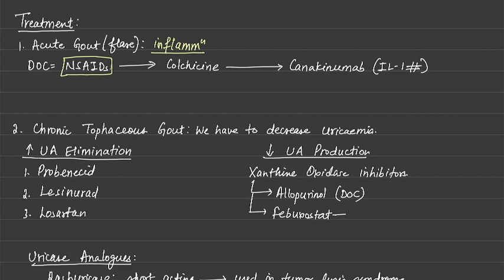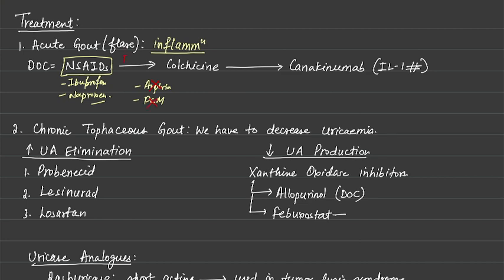Highly active NSAIDs like ibuprofen and naproxen. Remember, we cannot give aspirin because it causes hyperuricemia. We cannot give PCM because it is not anti-inflammatory; it is antipyretic. So we cannot give these two drugs, neither aspirin nor PCM.